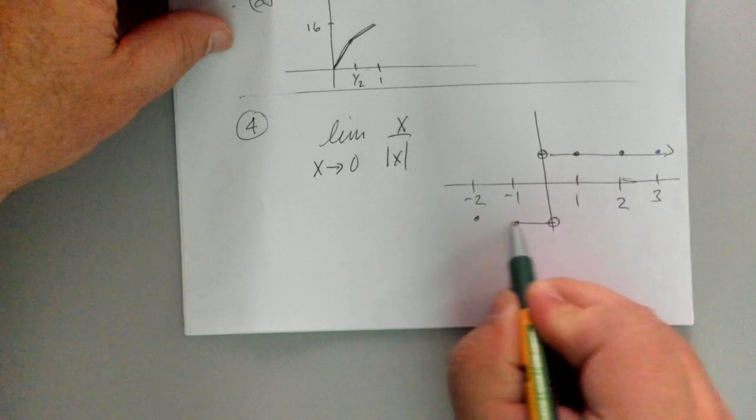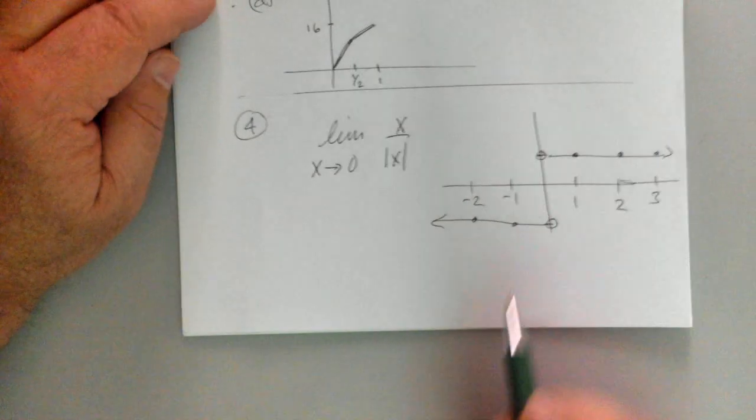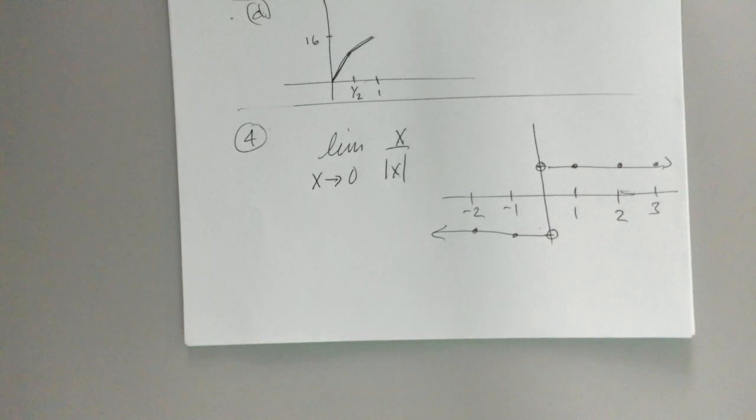So as we approach 0, the limit doesn't exist because from the left it's a negative 1, from the right it's positive 1. That's why the limit doesn't exist. If you don't see the graph automatically, just plug in some numbers. You know it's centered around 0, so pick some numbers on both sides and see what the graph looks like.